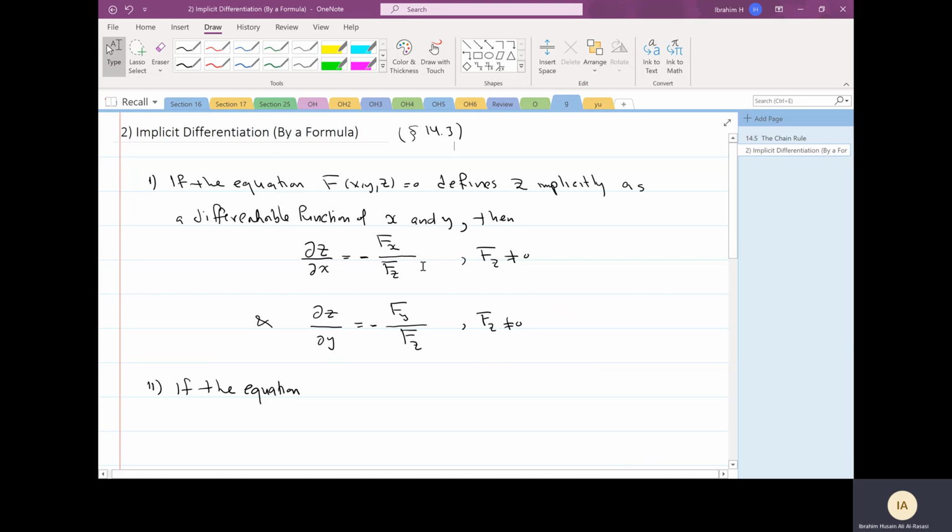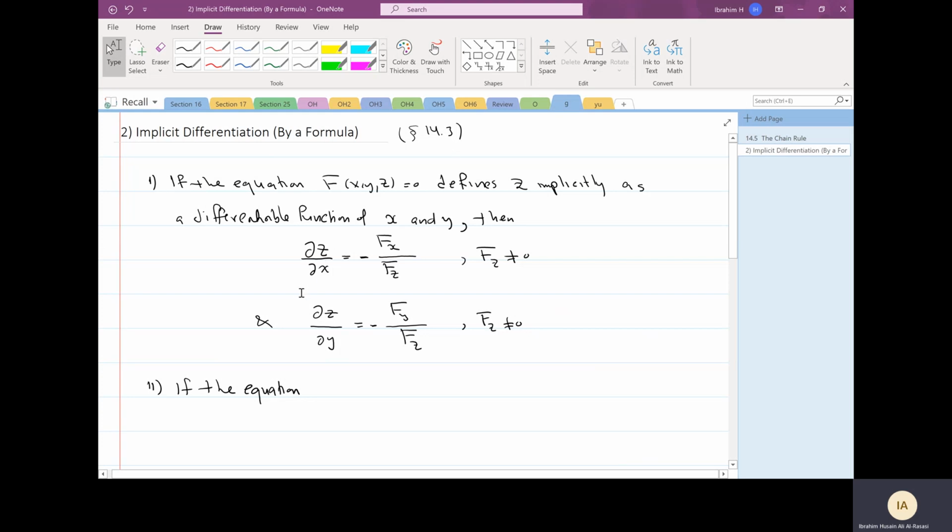Okay. F sub x means, well, you look at this as a function of 3 variables and find its derivative with respect to x. Look at it as a function of 3 variables and find its derivative with respect to z. And the same thing here, find its derivative with respect to y. Okay. So this gives you a quick formula to compute partial z, partial x.